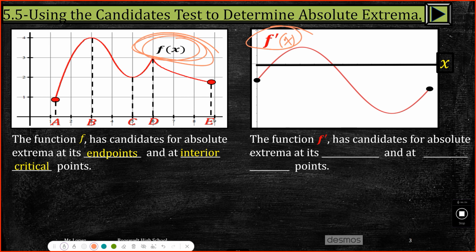The function f prime of x has candidates for absolute extrema at its endpoints. Okay, at its endpoints for sure. And where in this particular one?